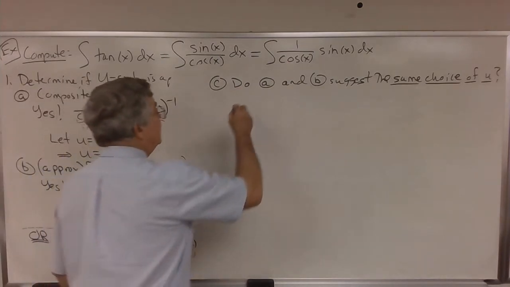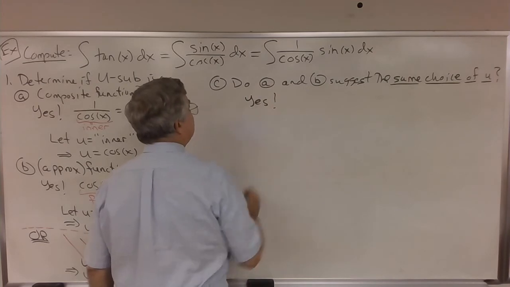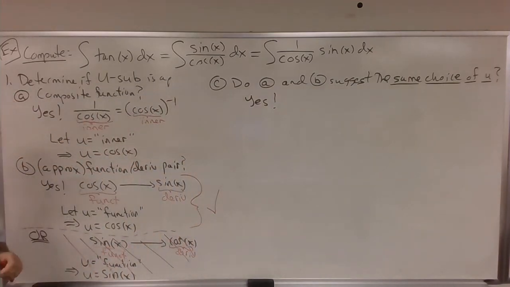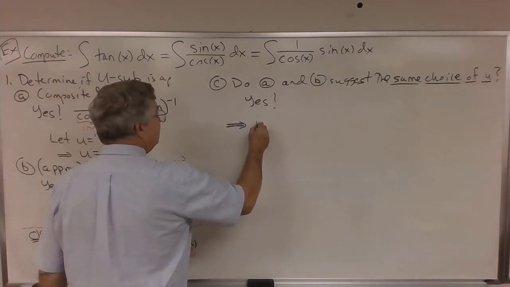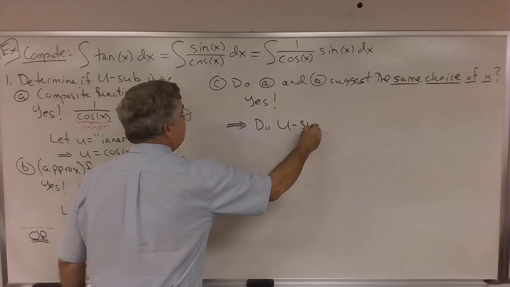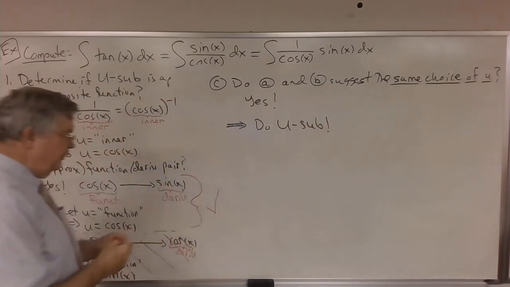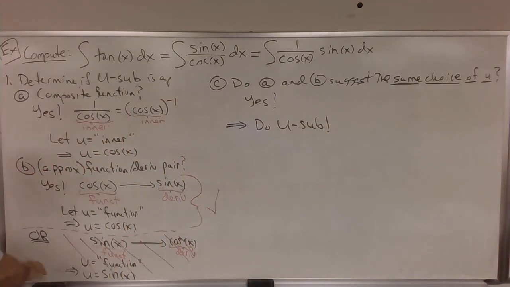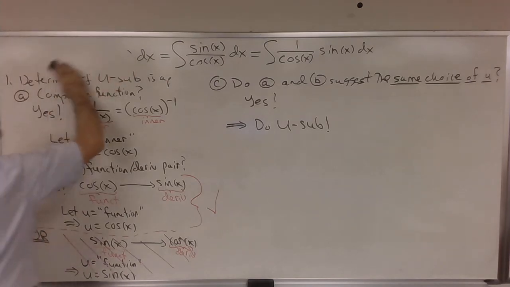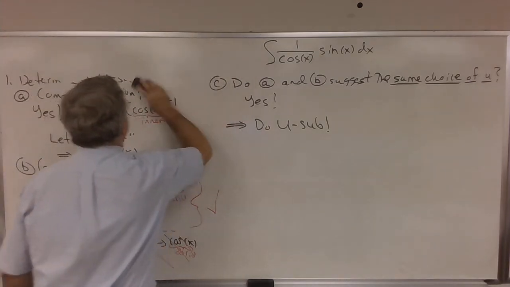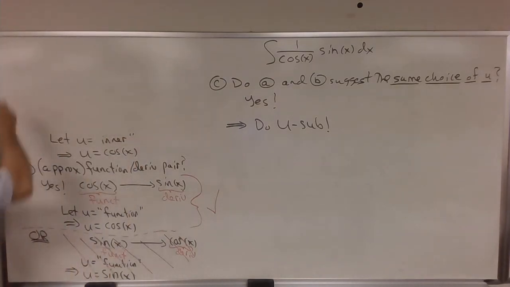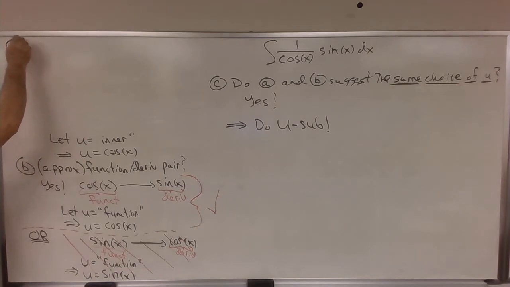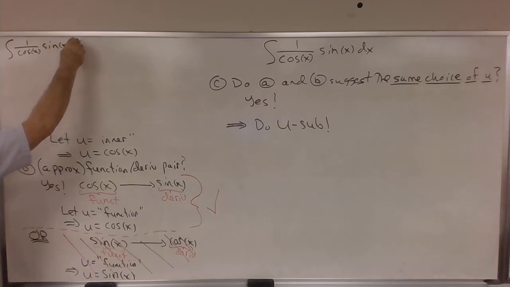So now with a clear conscience we can say, yes, criterion A and criterion B suggest the same choice of u, and that means let the good times roll. Use U-Substitution. So let me rewrite what I have now. Here's what we're integrating. 1 over cosine of x, sine of x dx.